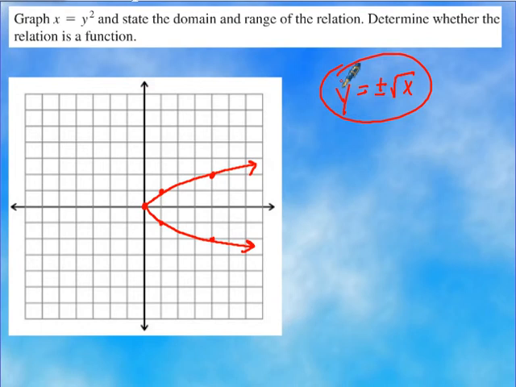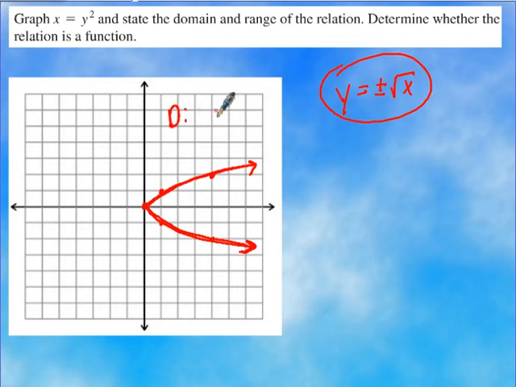So that is actually the exact same function as before, but instead of just the positive square root, it is also the negative square root along with it. Is that a function? No. Why is it not a function? Put in 4 for x. If x is 4, y could be positive 2 or y could be negative 2. Each input would have at least 2 outputs, or actually exactly 2 outputs, except for the 0. It wouldn't. So that would not be a function.